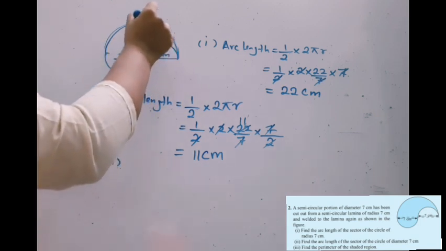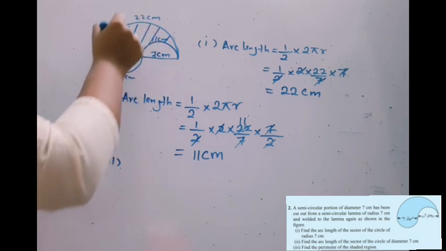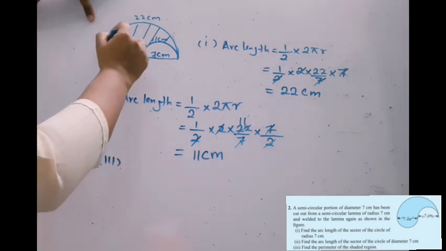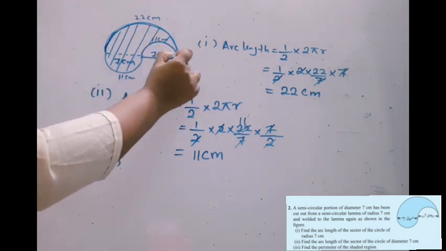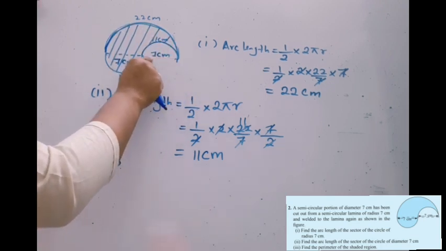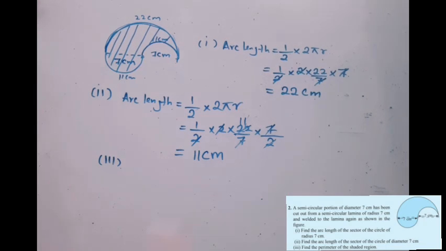Now, as you can see, this is the shaded region. Now, this is a perimeter. So, look closely how many lengths we should add in order to find the perimeter of this. Now, see, there is this arc length, and then no need to add this. This is not there, right?